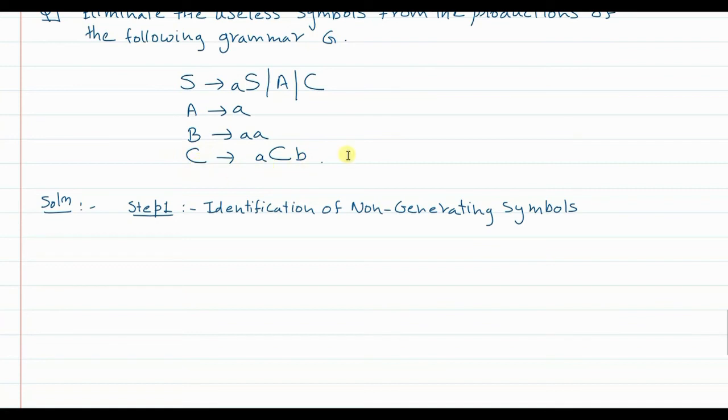Okay, so consider A gives a and B gives AA.